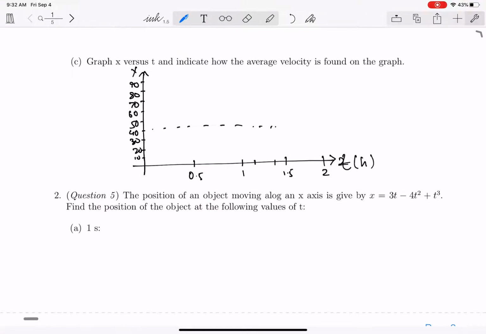And then at 2 hours, it's at 80, so your graph would look something like this. Not exponential, sorry.